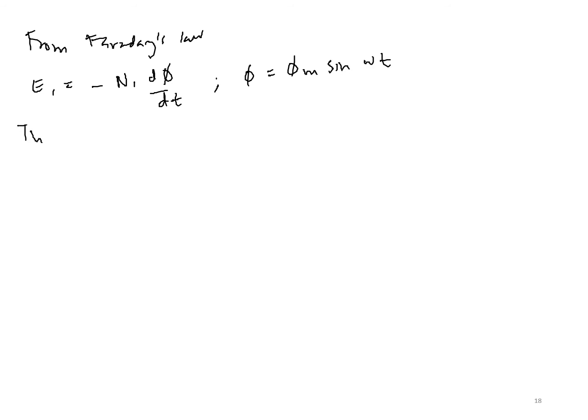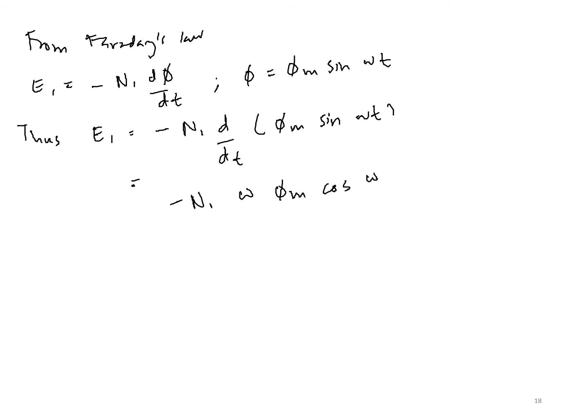Thus, we get E1 is equal to minus N1 d(psi m sine omega t) over dt, and we obtain minus N1 omega psi m cos omega t.